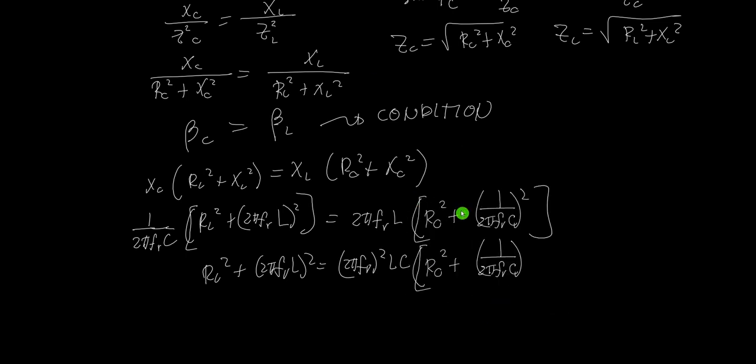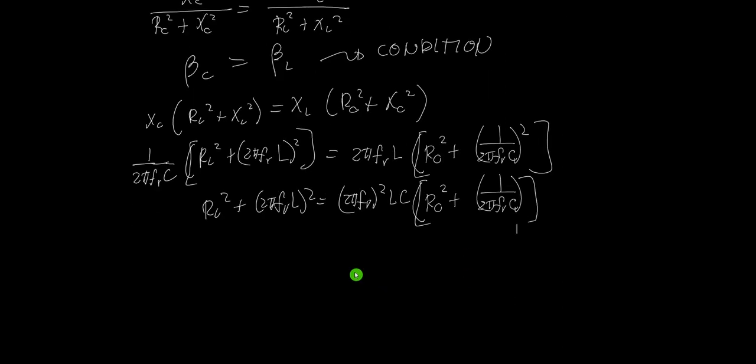Then you can continue to do that, solve for f of r here by distributing this one here. So 2 pi f of r squared times LC times RC squared.